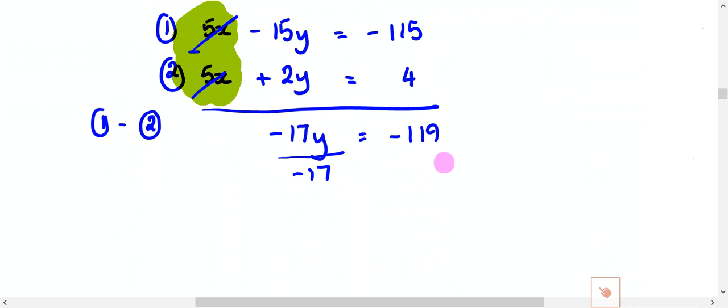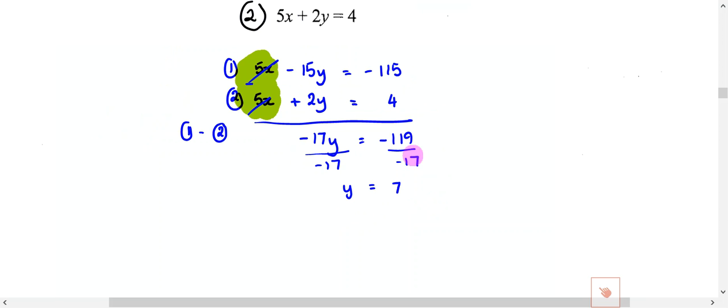Divide by negative 17. And we get y equals what? Negative divided by negative is positive, so it must be positive. Definitely not 136, because I can't get 136 17s in 119. Y is 7.